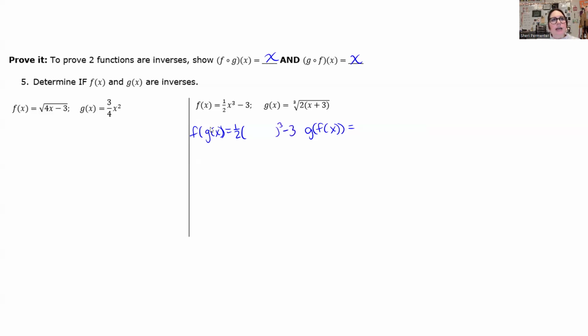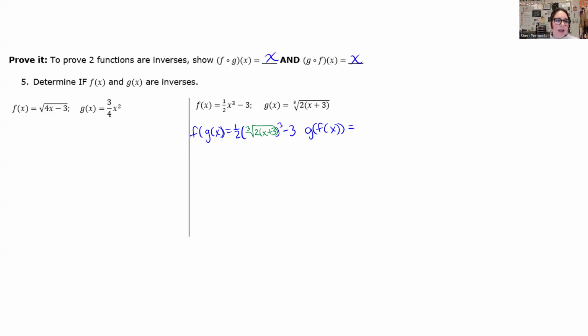I'm going to plug this whole function inside of it. Okay, so I plugged in the other function.